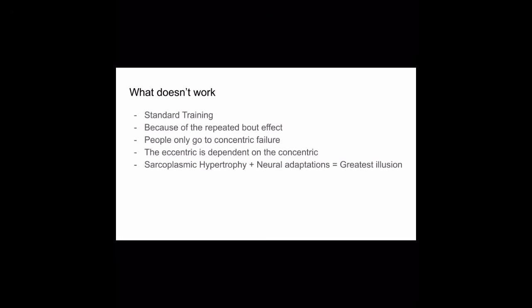Okay, now what happens is, why people think they're growing muscle but they're actually not, is because they're growing their sarcoplasm, their glycogen storage is increasing, and you add that with neural adaptations, meaning you're getting stronger weekly or you're adding reps. I call that the greatest illusion of muscle growth, because you're getting bigger and you're getting stronger.